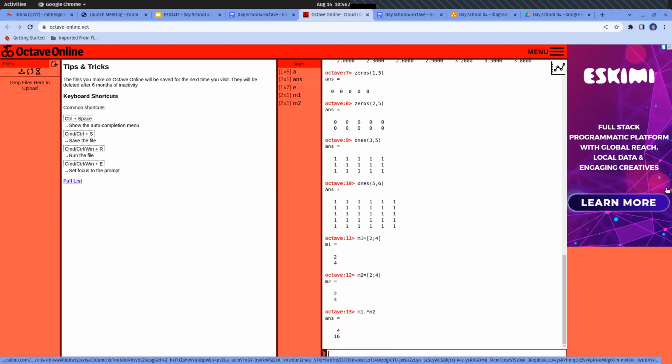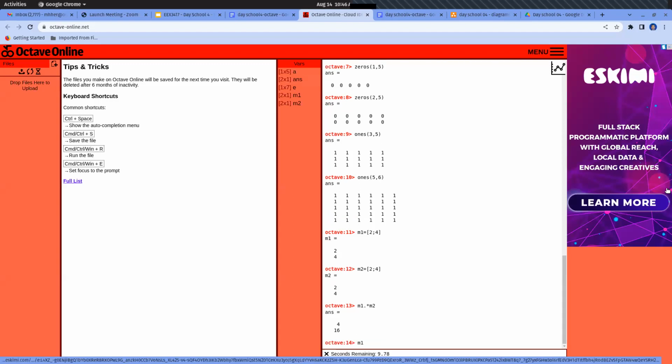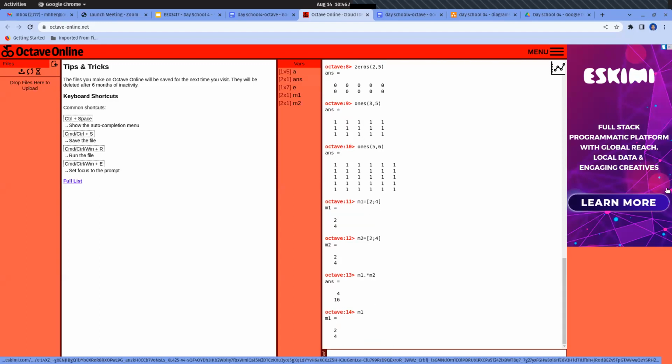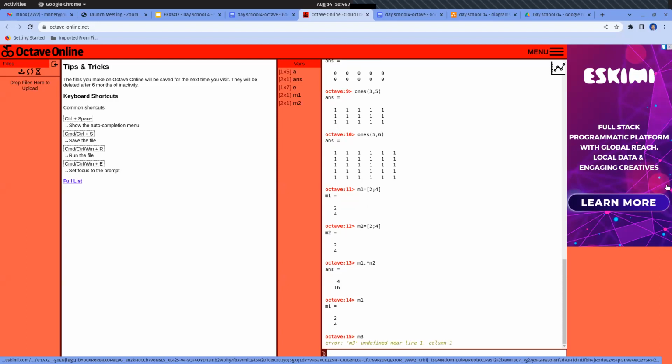We can check the values of variables by typing this. Here you can see m1 is a 2 by 4 matrix. We will check what happens if we type m3. Error: m3 undefined. Yes, this is undefined because these variables are not here. You can see the variables here.